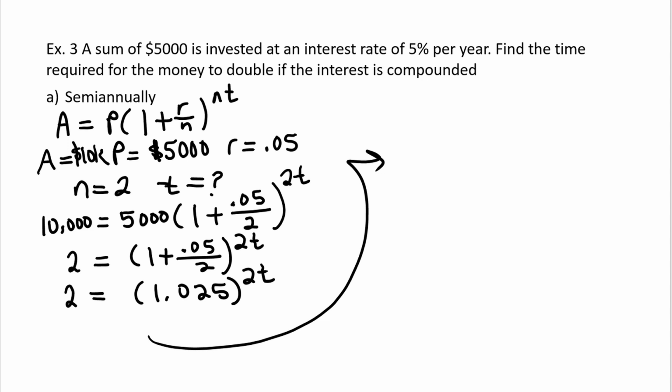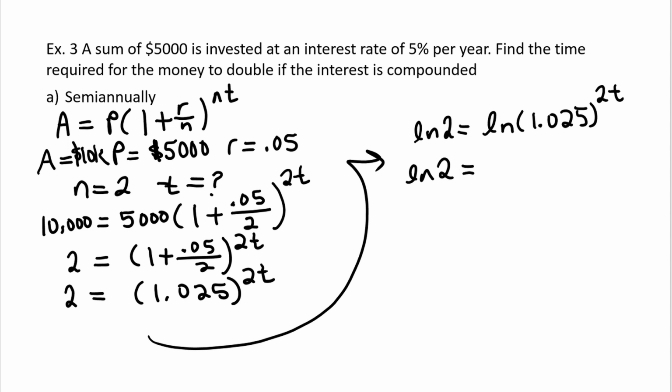For this problem, I'll just pick natural log. So I will have the natural log of 2 is equal to the natural log of 1.025 to the power of 2 times t. Now we'll use the properties of logarithms that lets us move the exponent into the coefficient. So you have the natural log of 2 equals 2t times the natural log of 1.025.